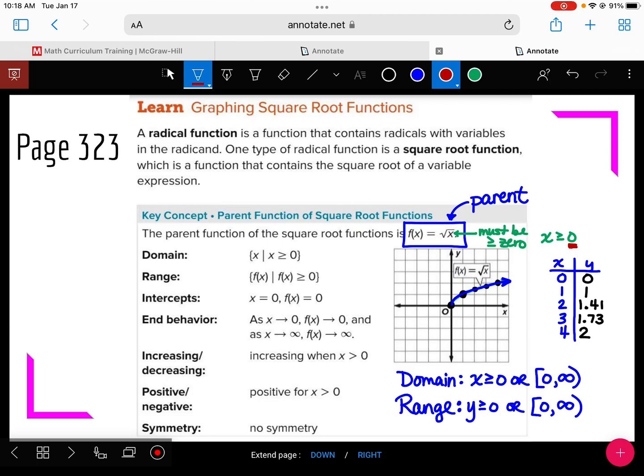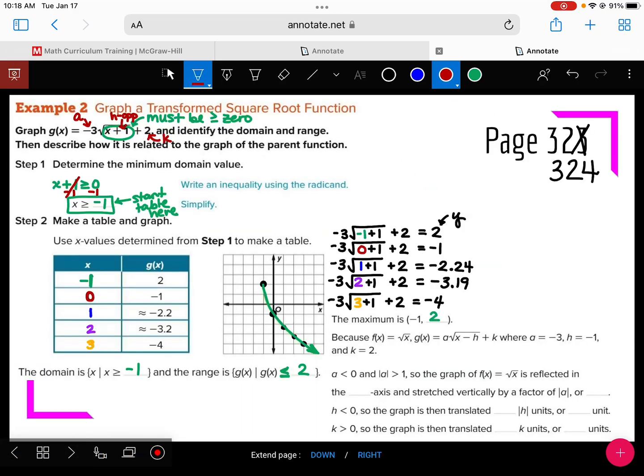Where was the first point on the table for the parent? Right here at the origin, it was at 0, 0. So comparing that to this one, parent's at 0, 0, this first point is at 0, 0. We've shifted which way, left or right from the parent? We've shifted left how far?